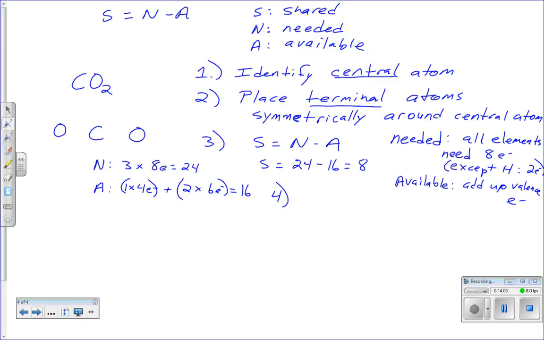Step 4, we figure out the bonds. Each bond contains 2 electrons. So all we do to figure out the number of bonds is take the number of shared electrons and divide by 2. So in this case, we've got 8 divided by 2.